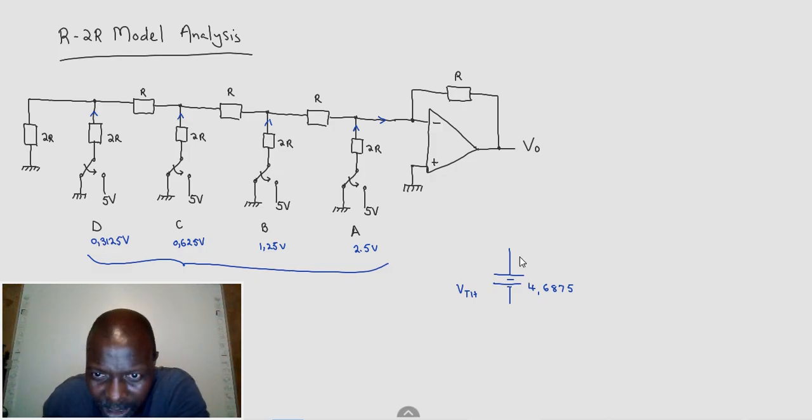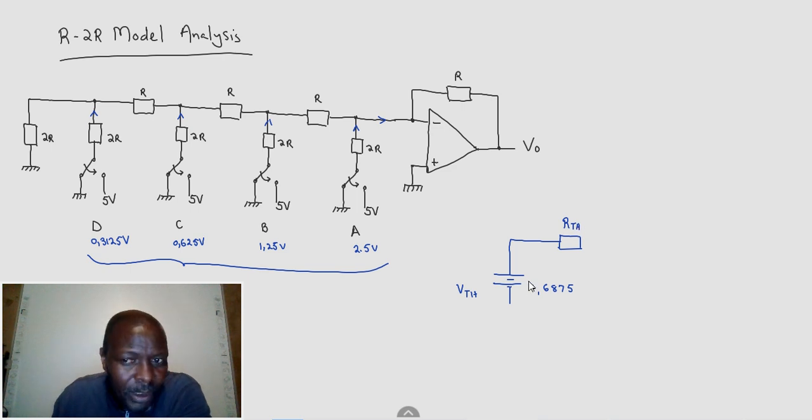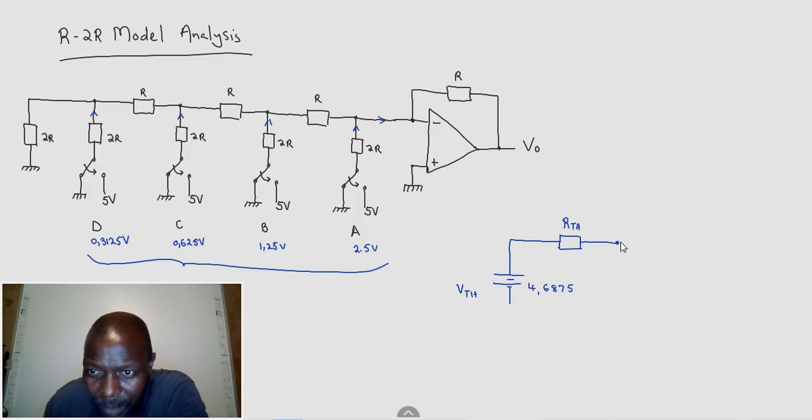So now, it means, therefore, we must know a resistance here, because with Thevenin we also need to know the Thevenin resistance. That's why we kept removing this. This is where we now say, let's put back our load. And our load, in this particular case, is our op-amp.